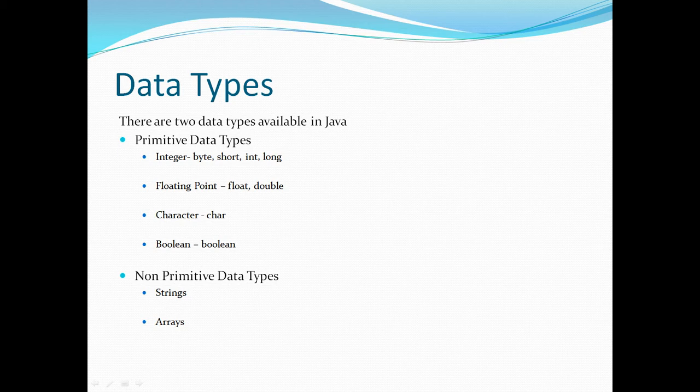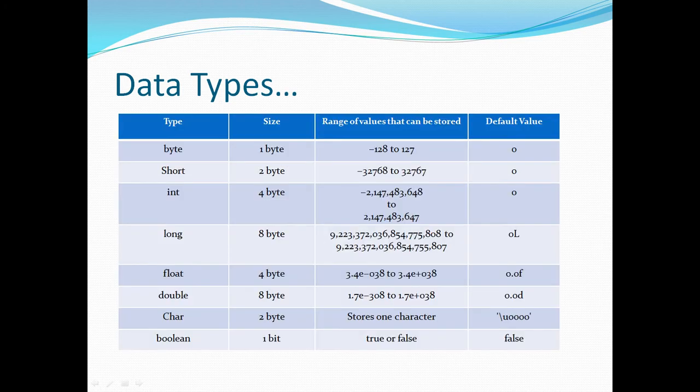So what are these things? Why have we categorized the integer type into byte, short, int, and long? Why have we categorized the floating point into float and double? What is char all about, and what is boolean? We'll see that.